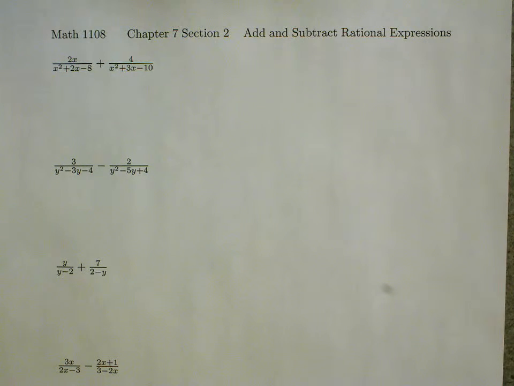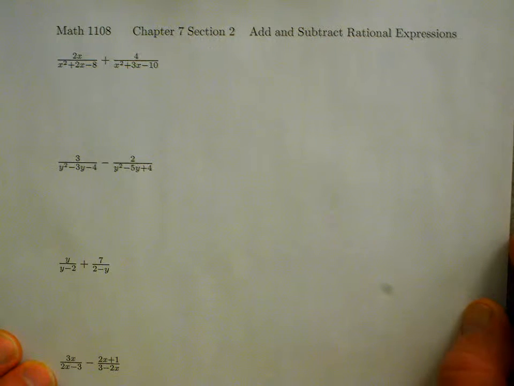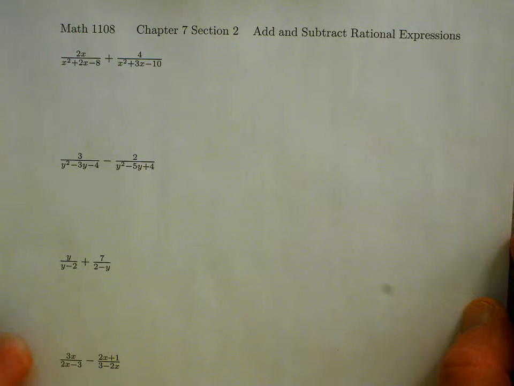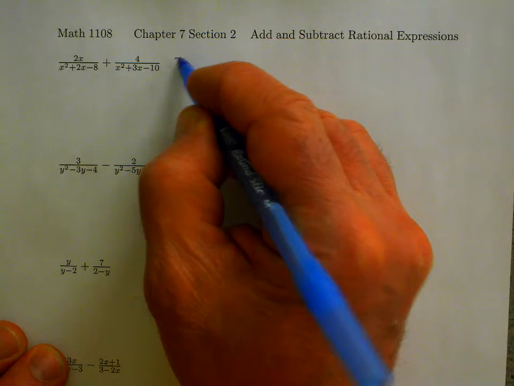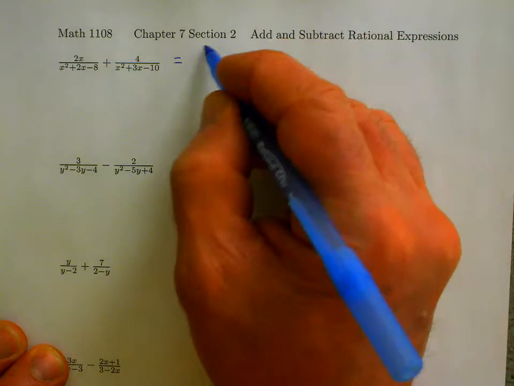Hey, this one's a little more complicated. 2x over x squared plus 2x minus 8 plus 4 over x squared plus 3x minus 10. Well, what we need to do is factor the denominators so that we can find the least common denominator.